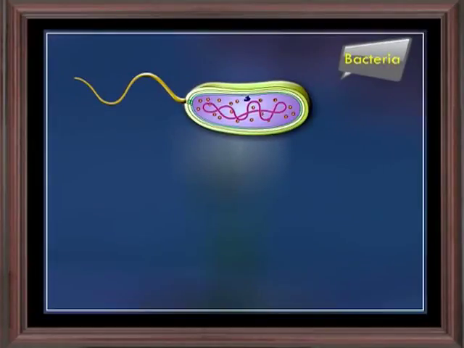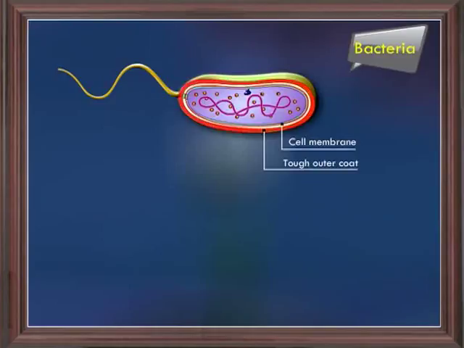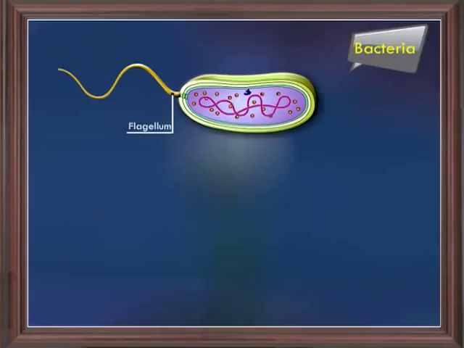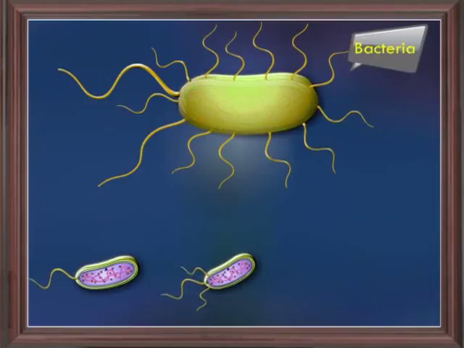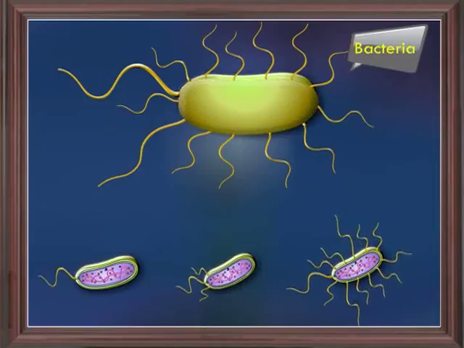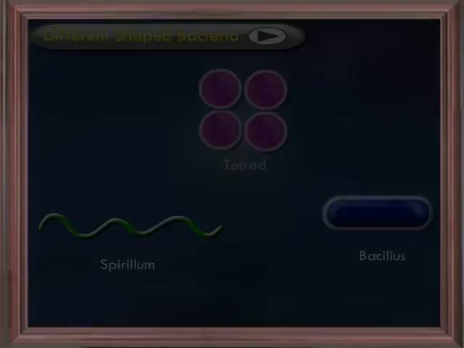Each bacterium has a tough outer coat and a cell membrane. Beneath the outer coat, bacteria have a fine thread-like structure called flagellum. The flagella help in swimming. There may be one or both the ends or a large number all over the body.